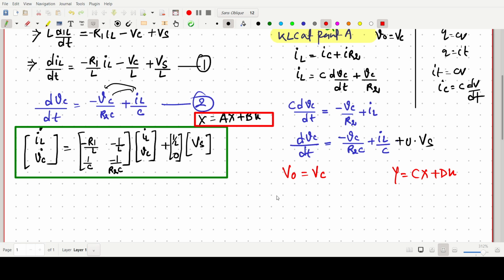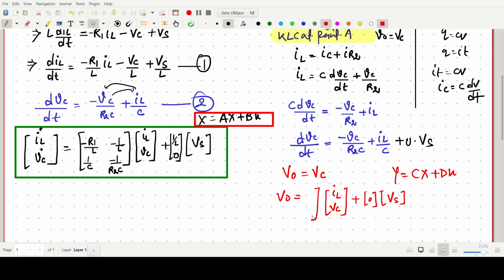So this one, V naught equals to Cx. So x will be the state variable. You have to write IL VC plus U. U is Vs. So this should be our 0, because in the output term no supply is there, so Vs is 0, so I am just putting a 0.